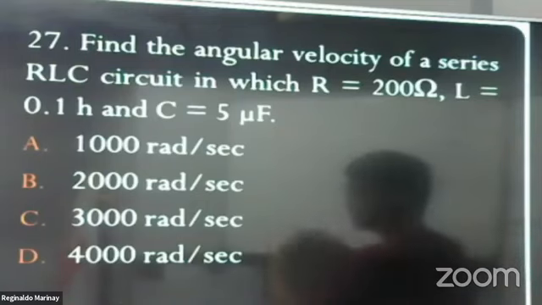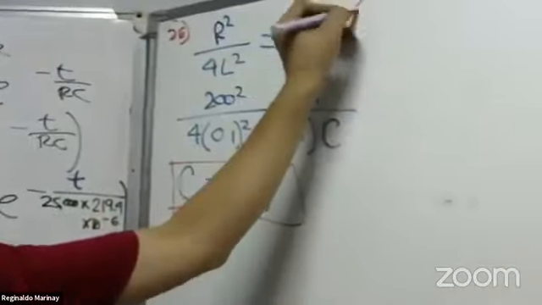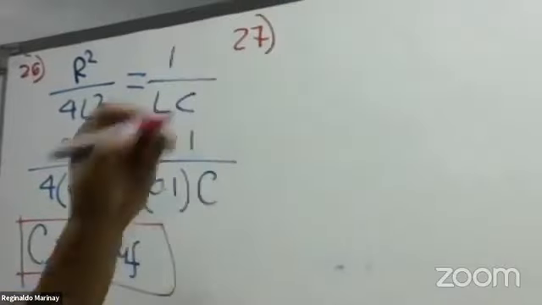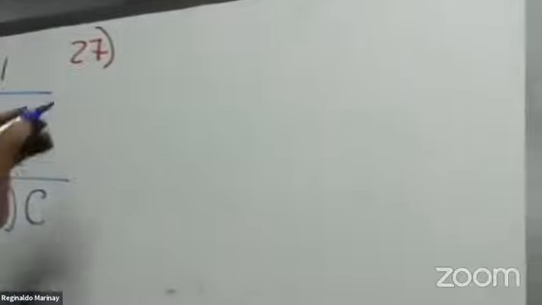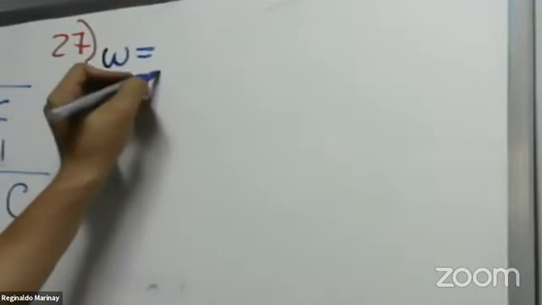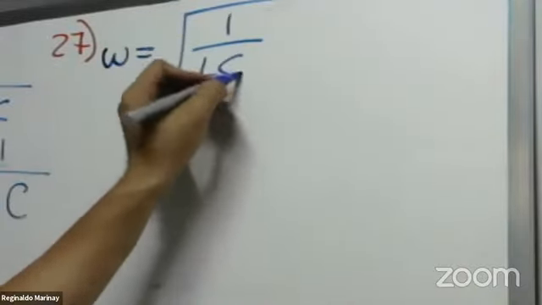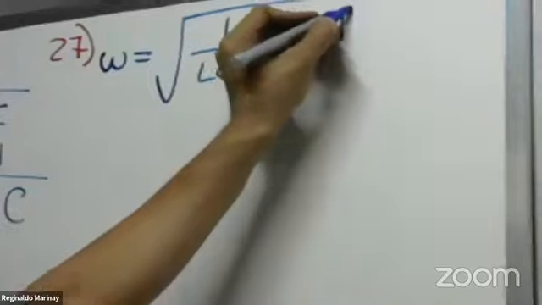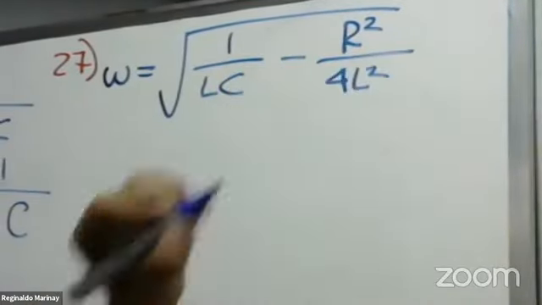Okay, I will write down. The omega, that is the angular velocity. The question is the angular velocity. The omega is simply equal to the square root of 1 over LC minus R squared over 4L squared.